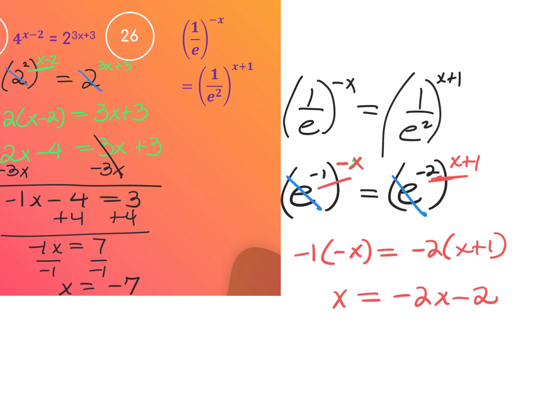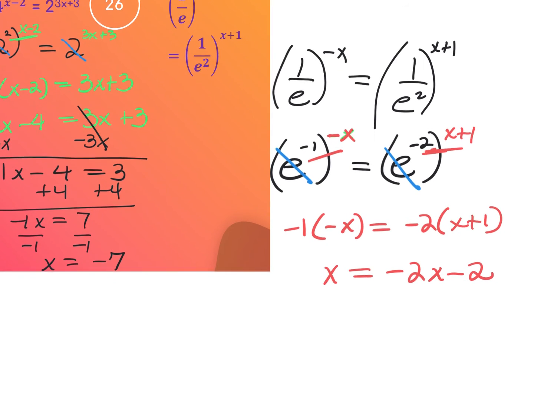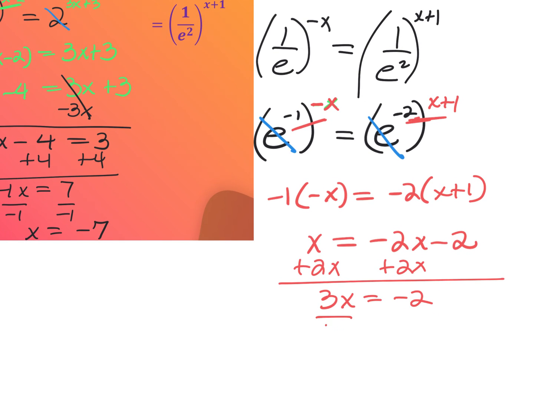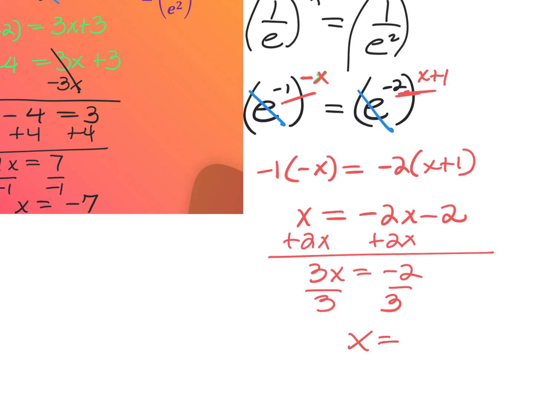And now I need to combine and get my like terms together. So add 2x. 3x equals negative 2. Divide by 3. And that power is negative 2/3. Again, remember, e is just a number, approximately 2.71.